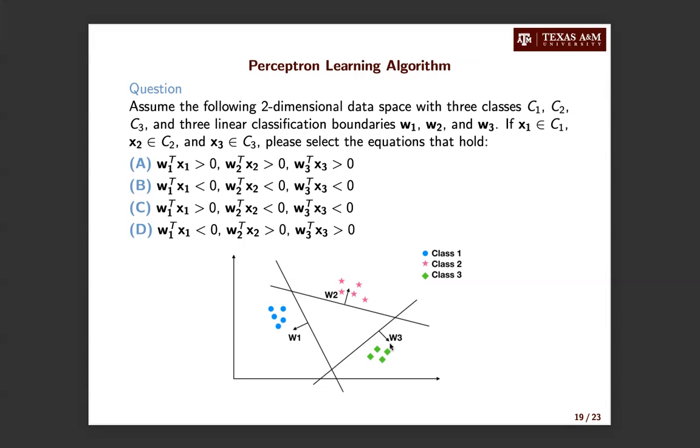In this specific example that will prime us for multi-class classification with the linear perceptron, we can assume that we have this two-dimensional data space that includes three classes, represented by our three colors here. We can also assume that we have three classification boundaries represented by three lines, and these correspond to three different vectors, W1, W2, and W3.